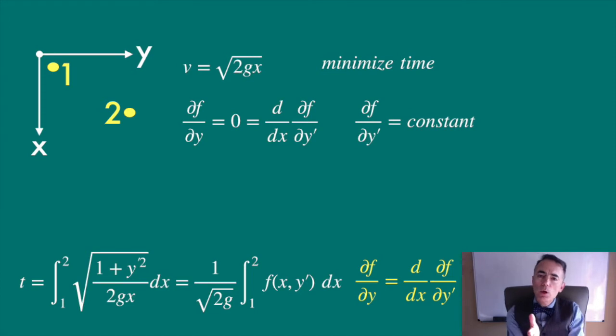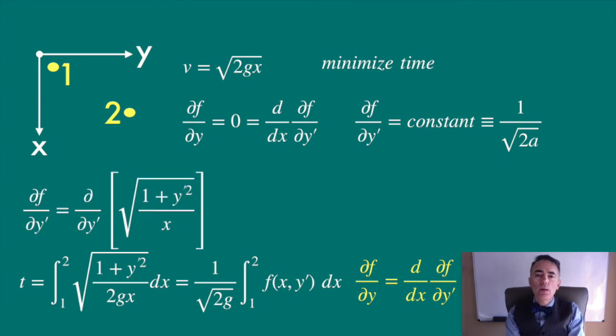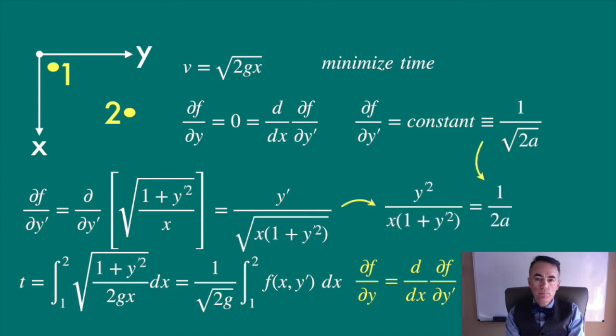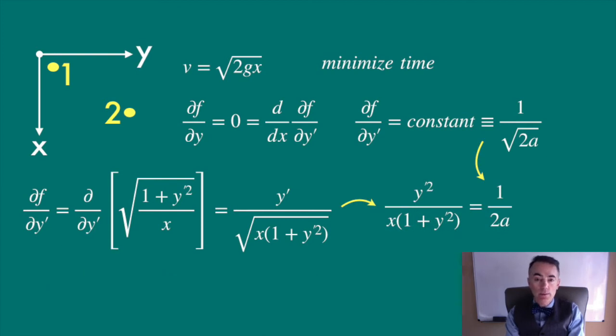Just let me call this constant 1 over the square root of 2a, where a is another constant. We can actually derive f with respect to y prime. Solve for y prime and integrate it.